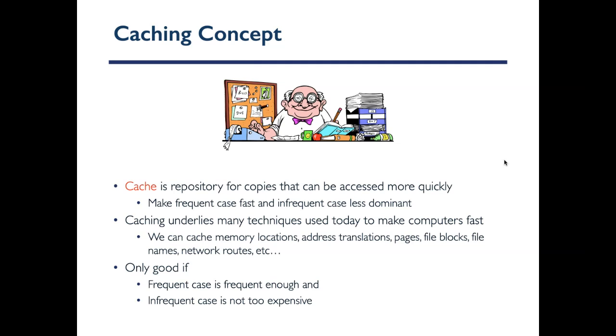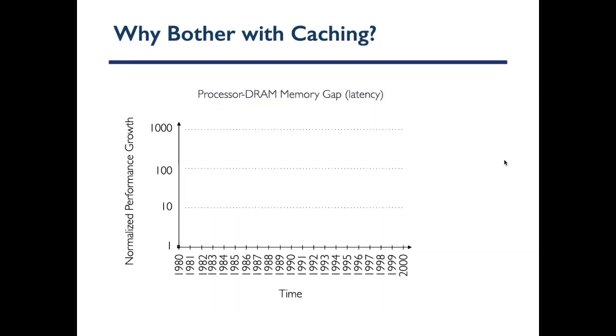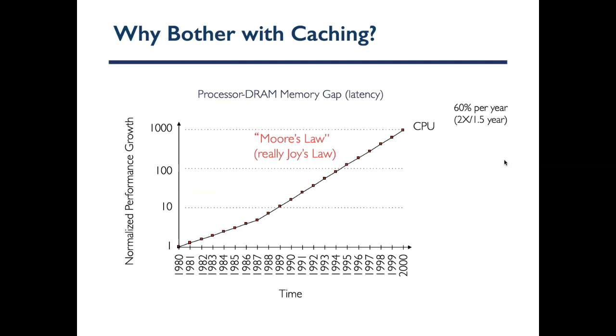Okay, so why is caching a trend in performance of our CPUs? According to Moore's law, all the way to the 2000s, this is the improvement we got in terms of performance of our DRAMs.